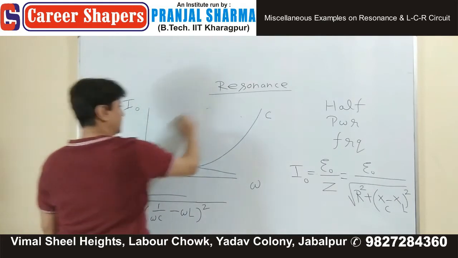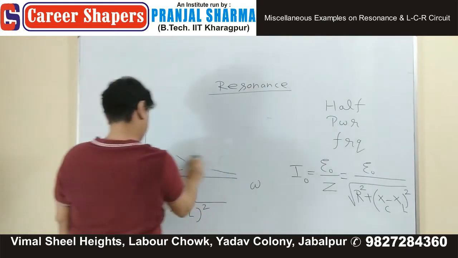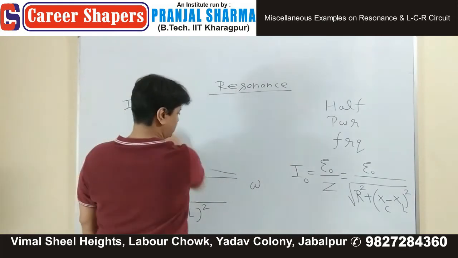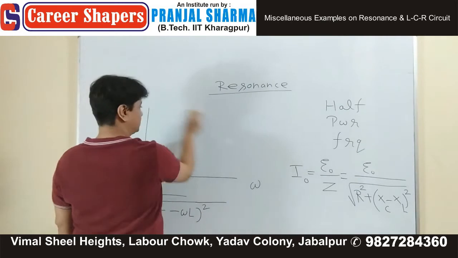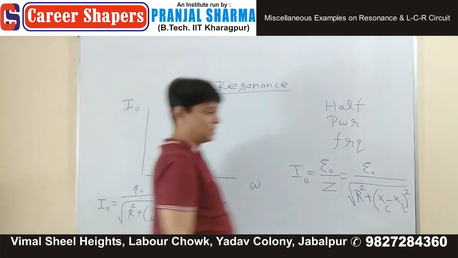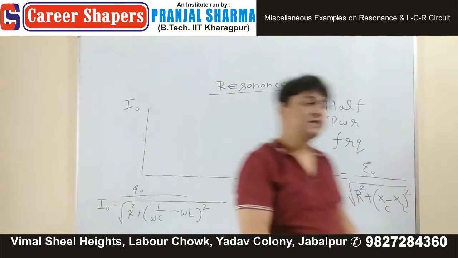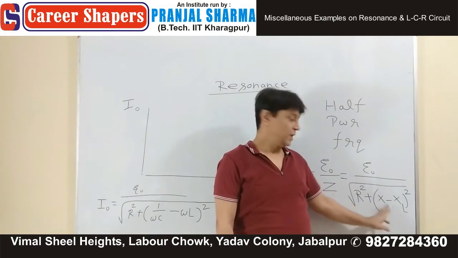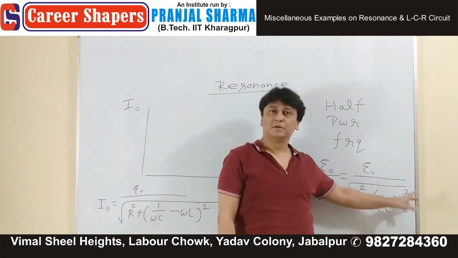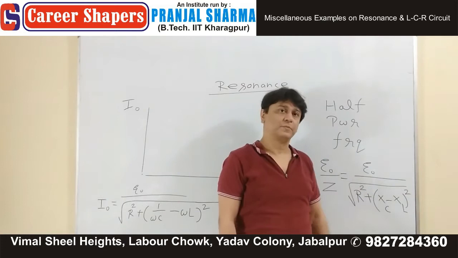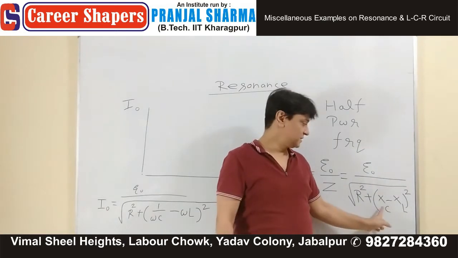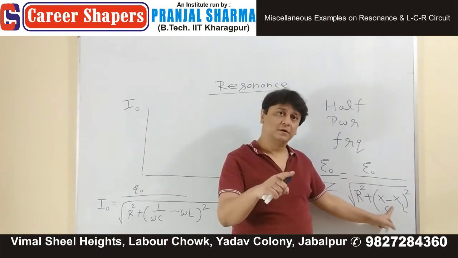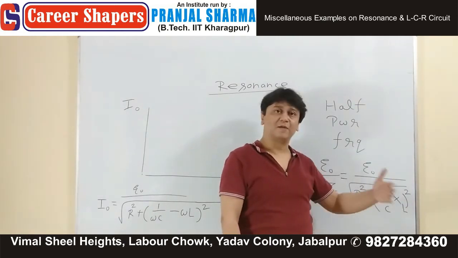And that speciality is, for XC minus XL, let's say 5. If somebody says that XC minus XL is 5, then this thing will become 5 square, which is 25. But if someone says XC minus XL is minus 5, even then minus 5 square will become what? 25.